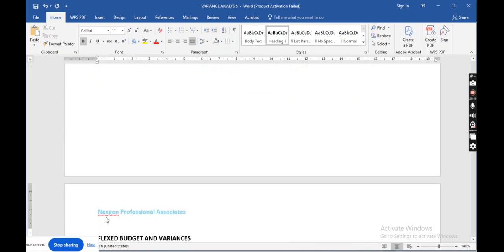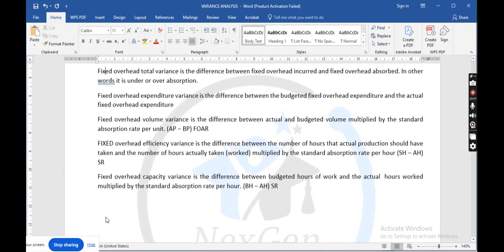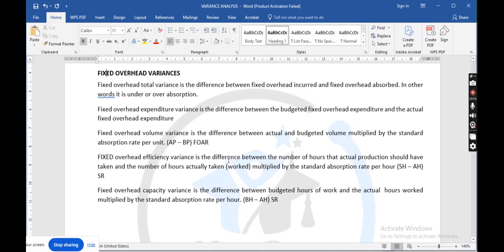Next is your capacity. What is your capacity? Now, what is the difference? It is the difference between the number of hours that actual production should have taken and the number of hours actually taken. The number of hours you're supposed to take, that is the standard, and what you have actually, that is hours worked.